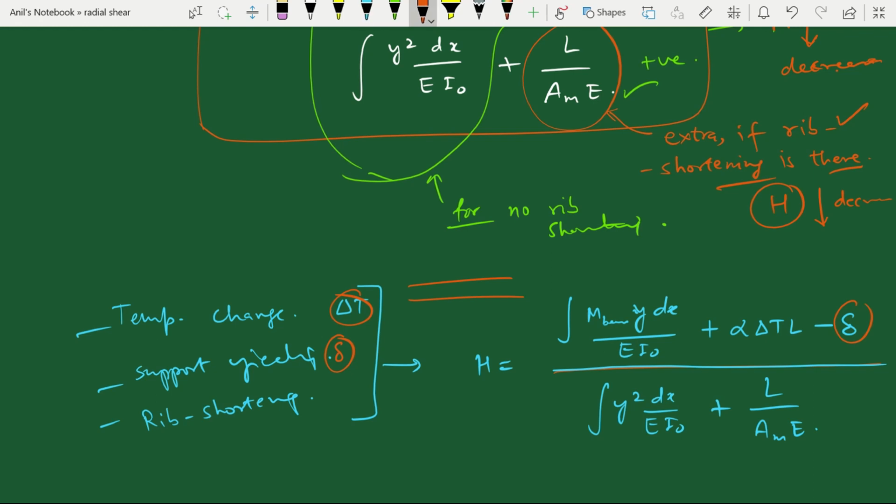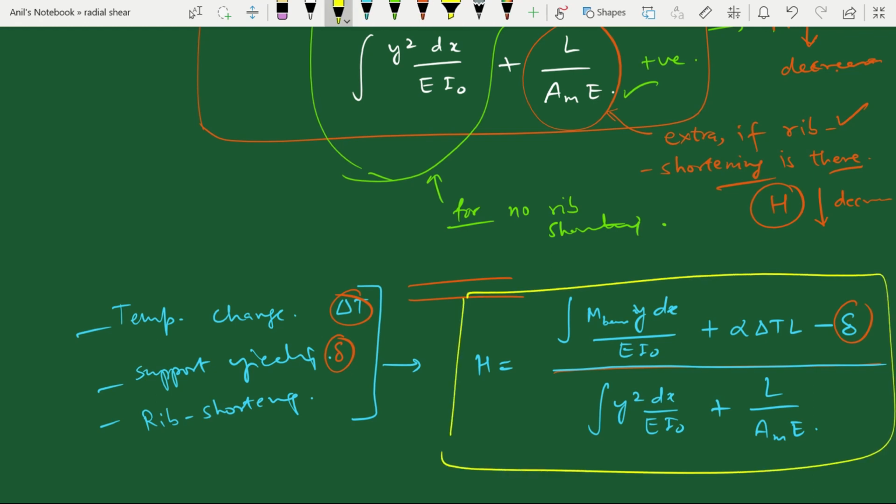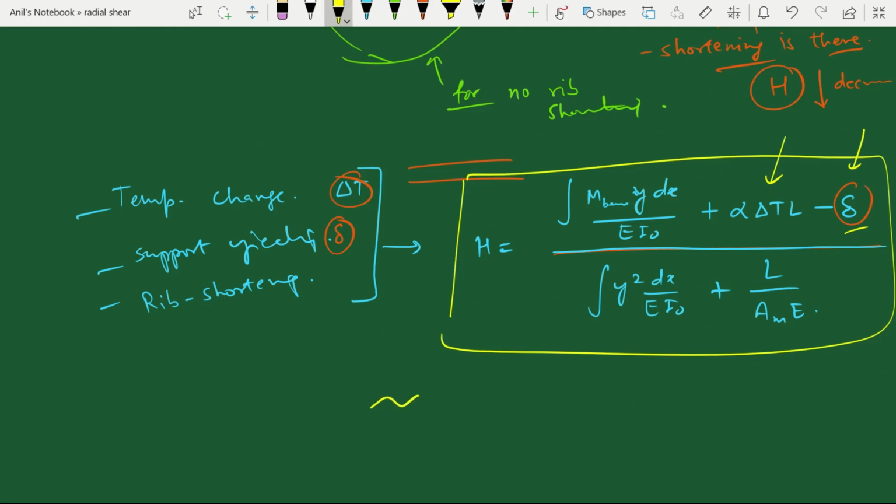So when everything is there, we use this formula, because from the principle of superposition we can include these two, temperature change and support yielding. And that's all. Thank you for paying attention.